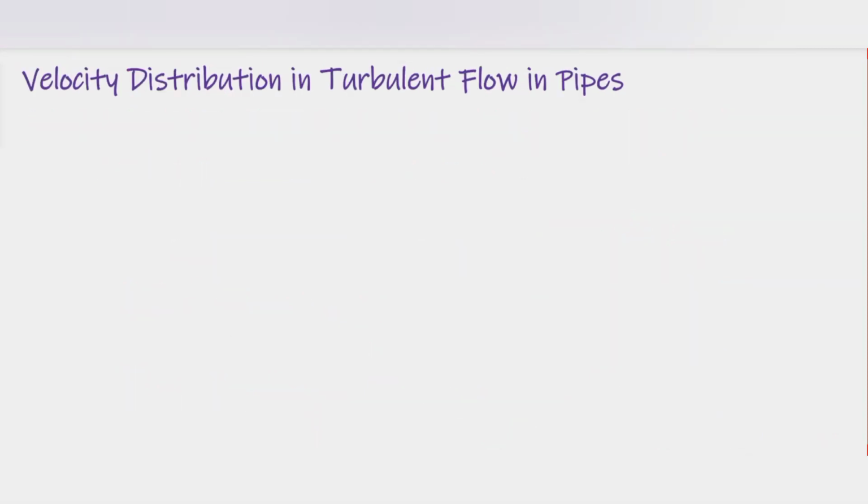Now here we already know the equation for total shear stress at any point, which is tau bar is equal to mu du by dy plus rho L square du by dy whole square.